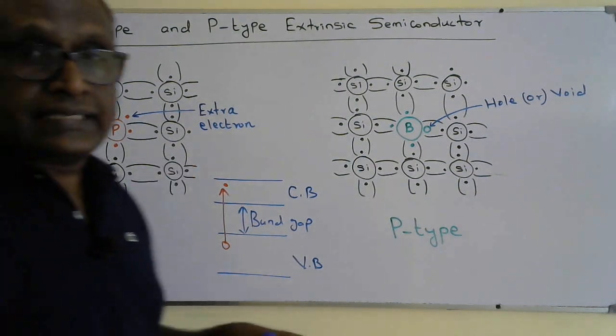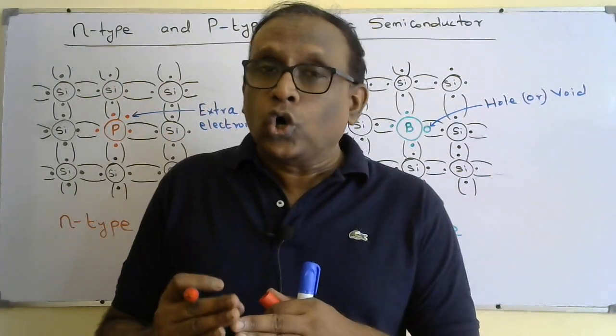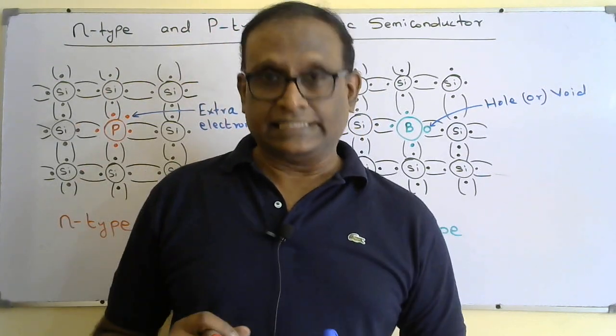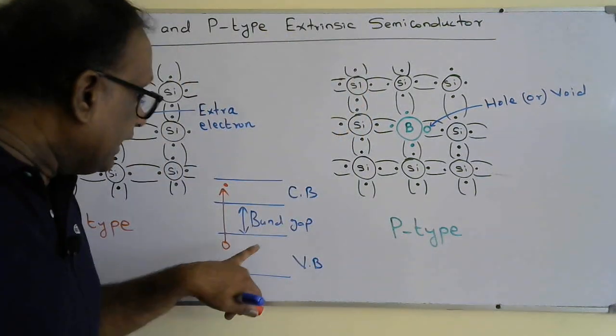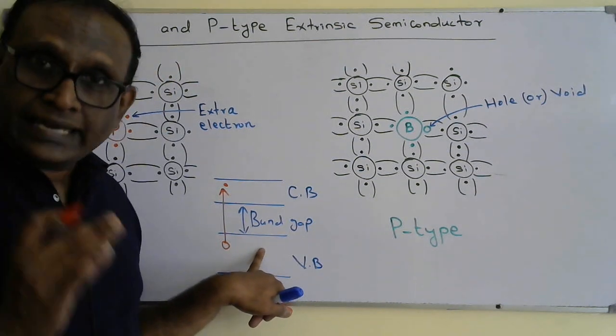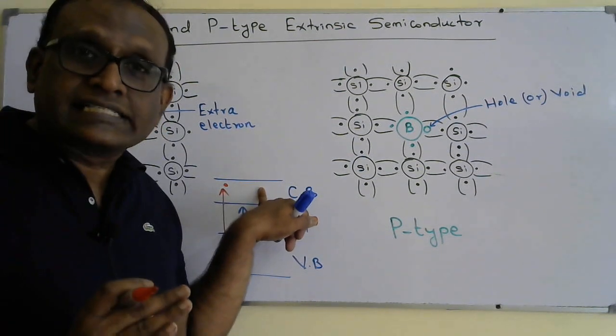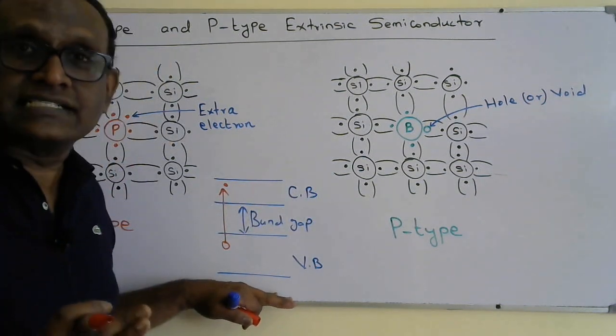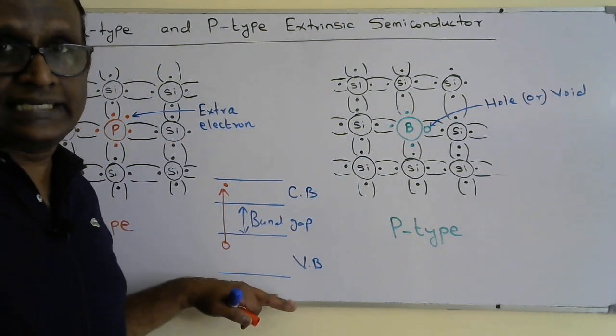So there will be an equal number of holes and conduction electrons in an intrinsic semiconductor. If there are 1 million holes in the valence band, there will be 1 million conduction electrons in the conduction band in an intrinsic, that is pure, semiconductor.